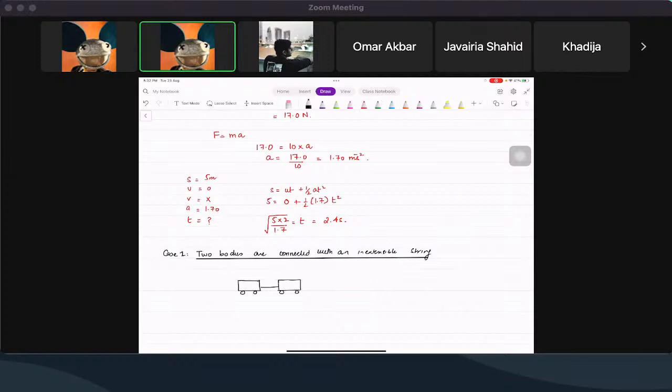This has 4 kg mass, this has 2 kg mass, and they're connected to a string. Let's call this M1 and this M2.